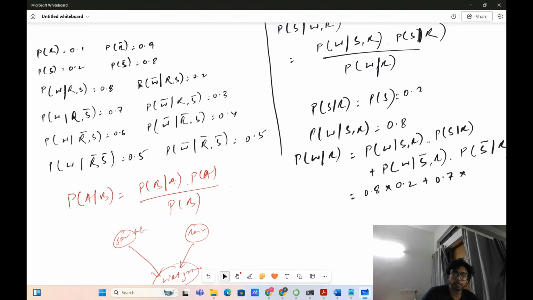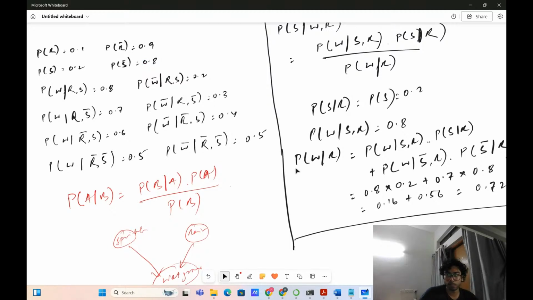Again, S and R are independent, so probability of S complement given R is probability of S complement. That is 0.8. So doing the calculations, you get 0.72, right?